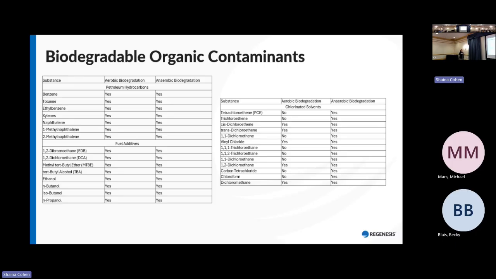And what you'll notice is that petroleum hydrocarbons, by and large, can be biodegraded via both aerobic and anaerobic mechanisms. Same thing goes for most of the fuel additives, versus the chlorinated VOCs, where it's really, by and large, the anaerobic biodegradation mechanisms that are at play.